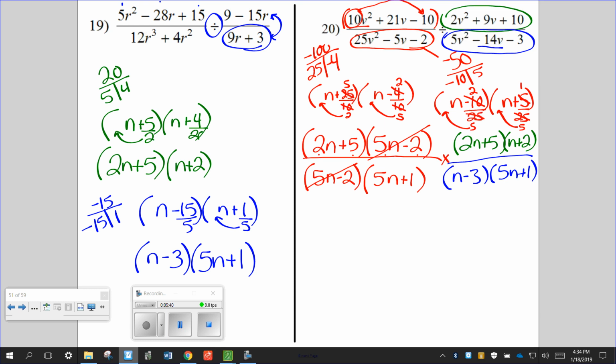Why do we have a bunch of nothing? You know why? Because Mr. Hines didn't pay attention to this division sign. What does that mean? If we want to multiply, it means we had to flip the numerator and the denominator. So let me rewrite this.